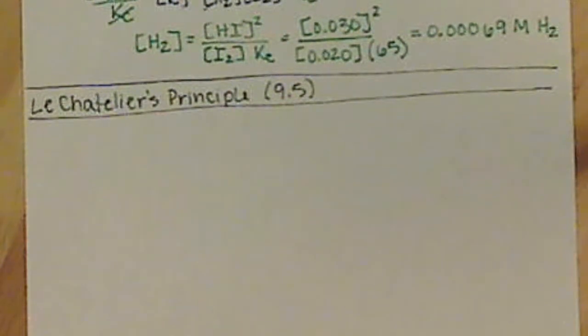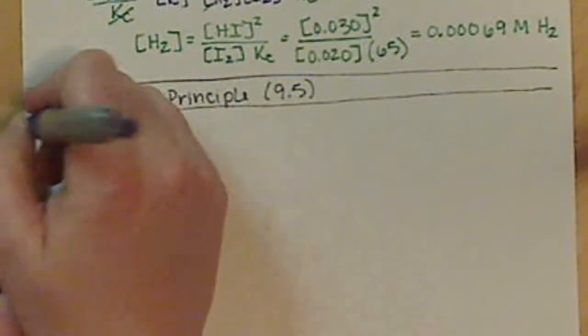What we're going to do with Le Chatelier's principle is take this system at equilibrium and add a stress to it, and then we're going to see how that system is going to respond in order to minimize that stress. So where is that new equilibrium going to shift in order to alleviate the stress?